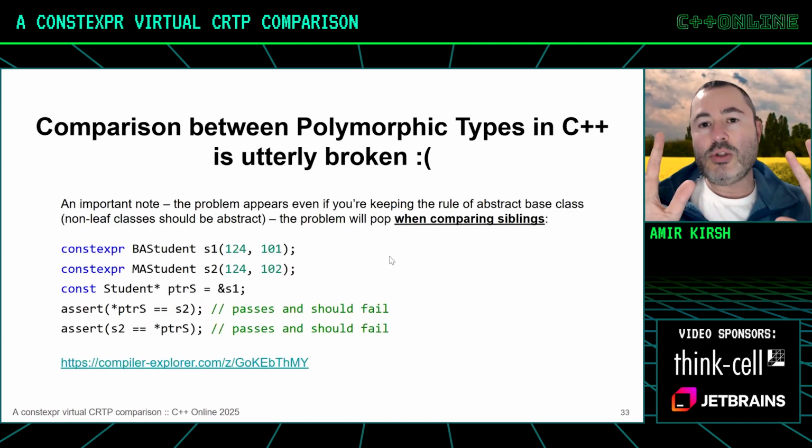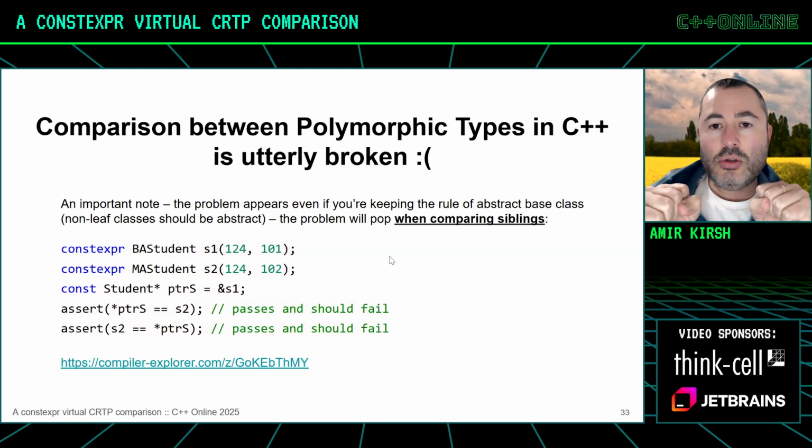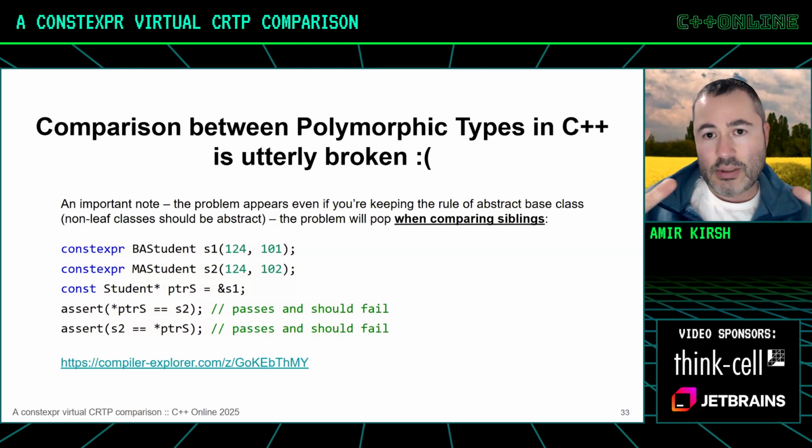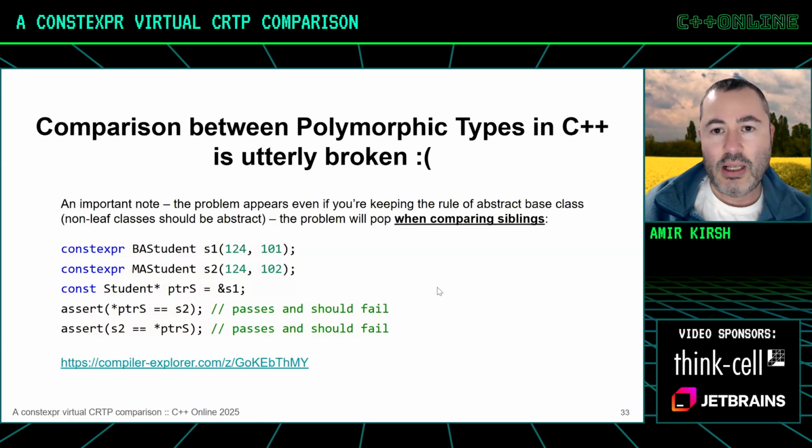And one can say, oh, so maybe you should not implement equality on a base class. You should always implement equality only on leaf classes, which comes with the advice of implementing actual behavior only on leaves. I mean, the base class should be abstract, but it would be the same.